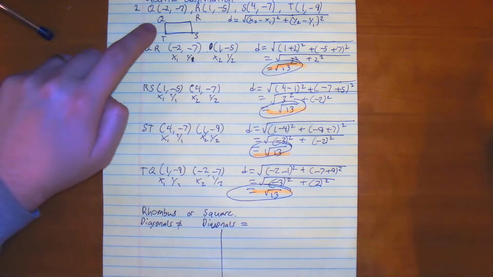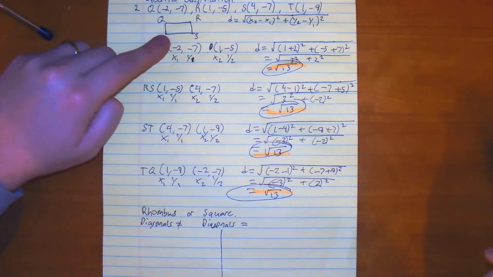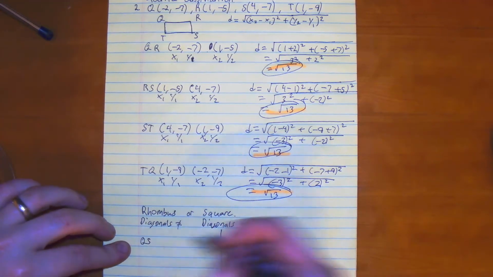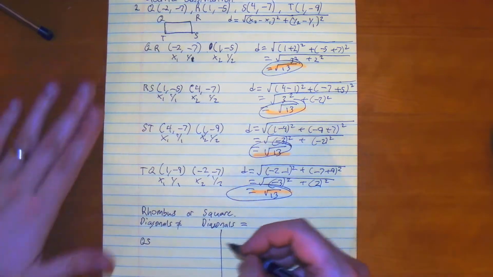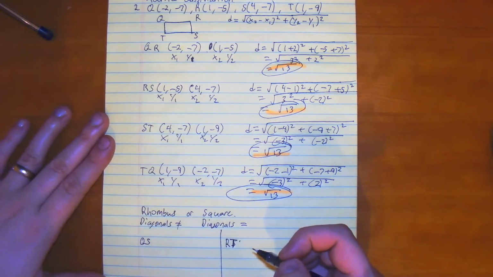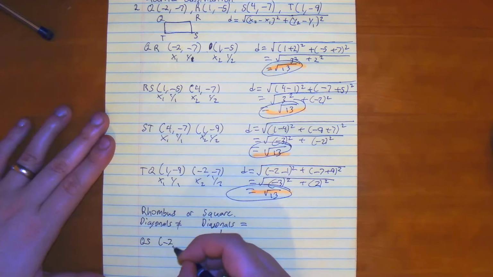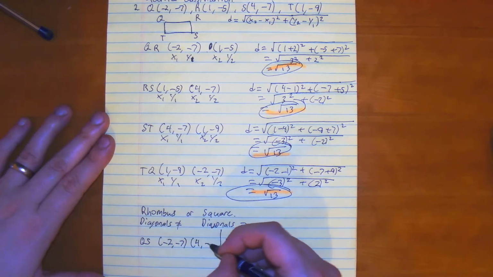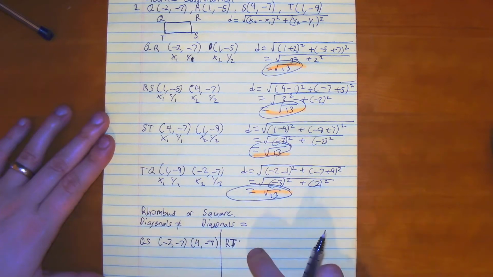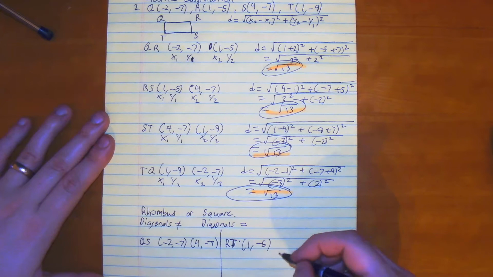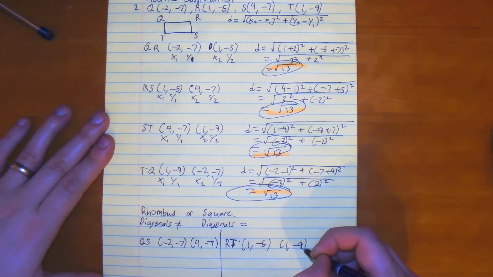Our diagonals here would be QS and RT. Q is at -2, -7, and S is at 4, -7. R is at 1, -5, and T is at 1, -9.